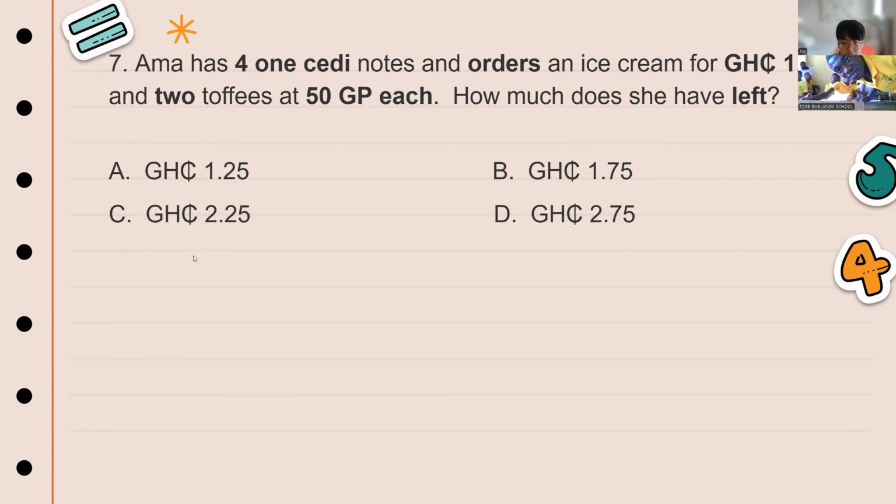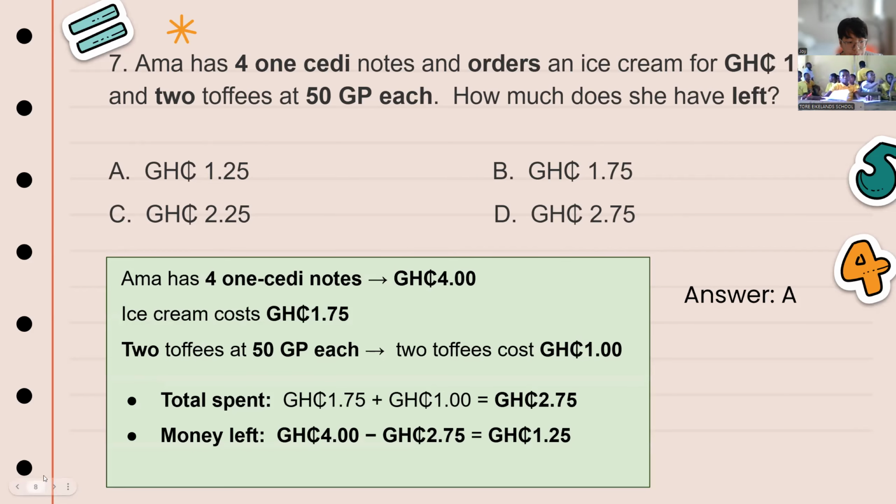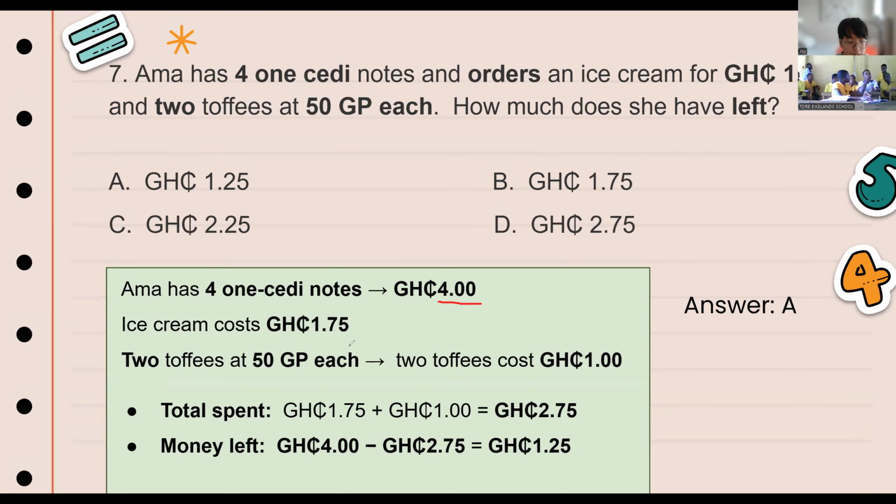Jamie, the answer is B. Yeah, let's go through this question. You're saying maybe the answer is B. Let's check. So Anna starts with four cedis.